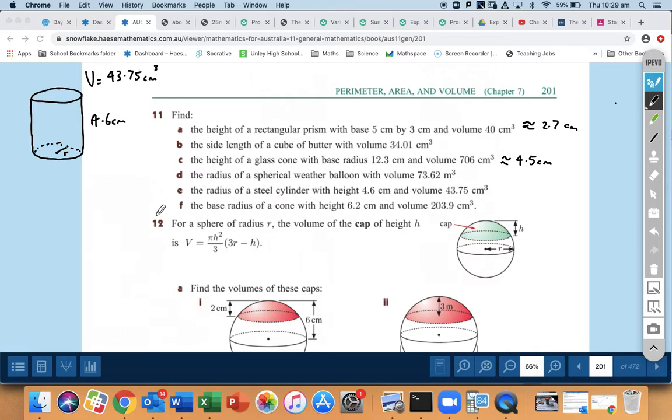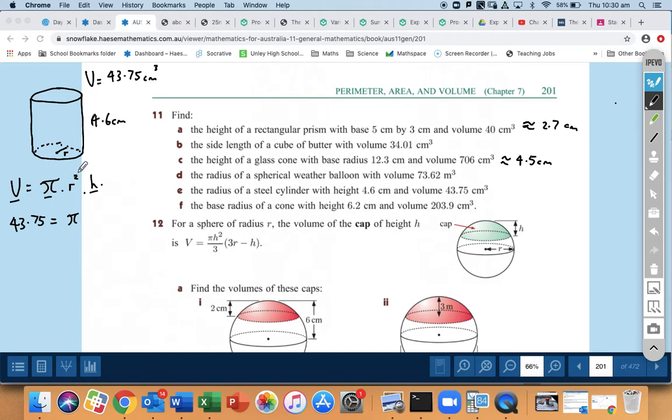Okay, so the volume of a cylinder is pi times the radius squared times the height, right? We know this number, we know pi, it's always the same number, and we know the height. There's just this radius squared that we don't know. Okay, so we'll put in all the information we do know. 43.75 is the volume. That's pi.